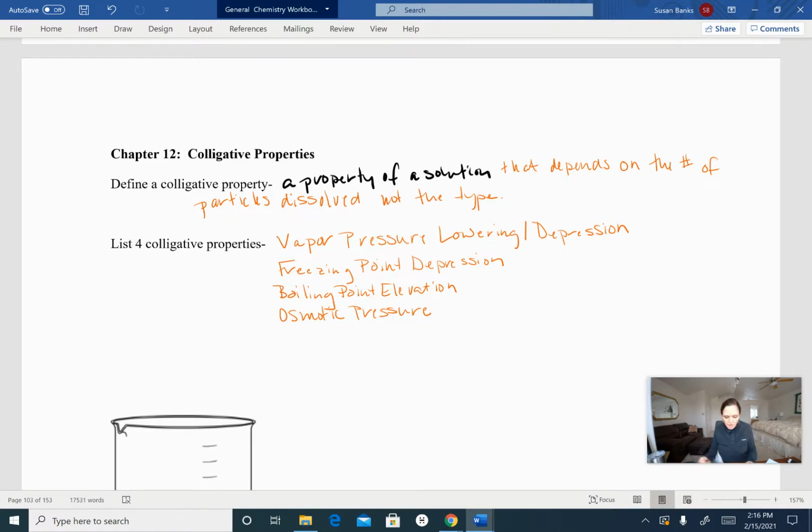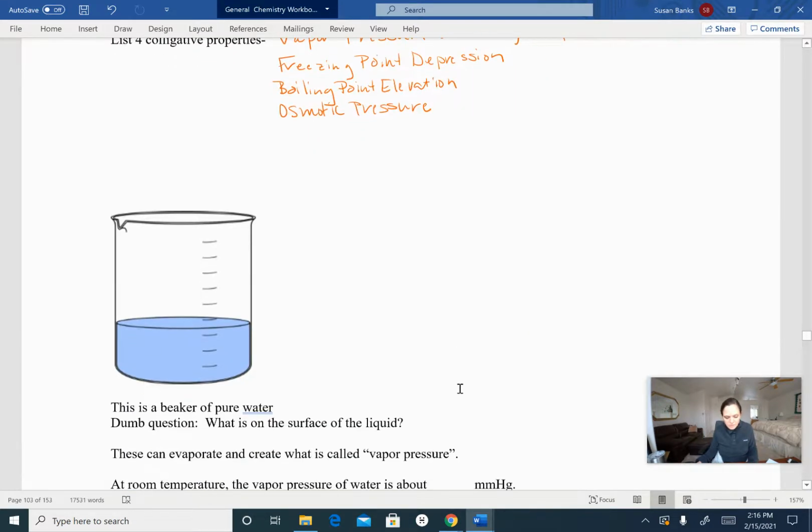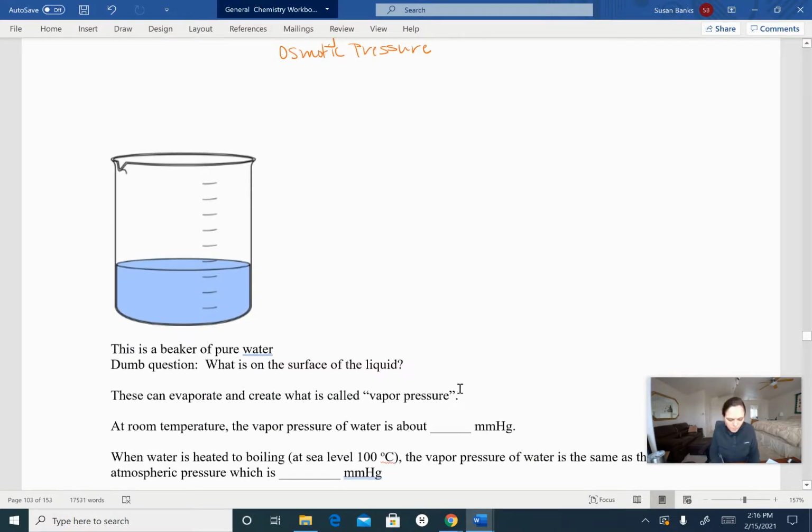Okay, let's talk about vapor pressure lowering or vapor pressure depression first. In this beaker, I have a beaker of pure water. So it's just water in here. I have a pretty dumb question. What is on the surface? So this surface where the water meets the atmosphere, what's on the surface of that liquid? Hopefully you say all water, right?